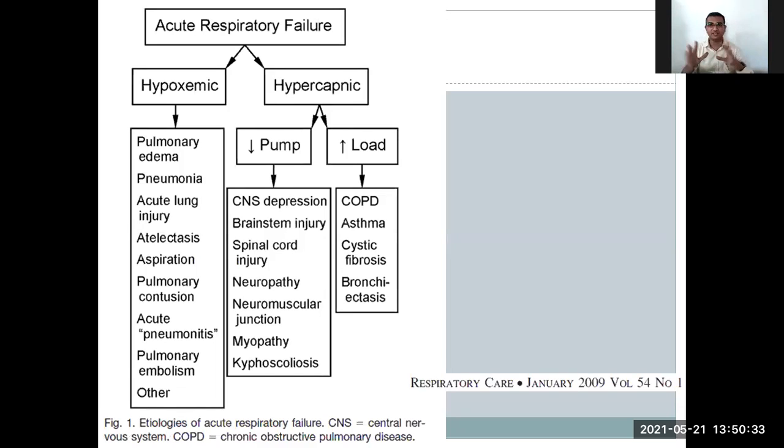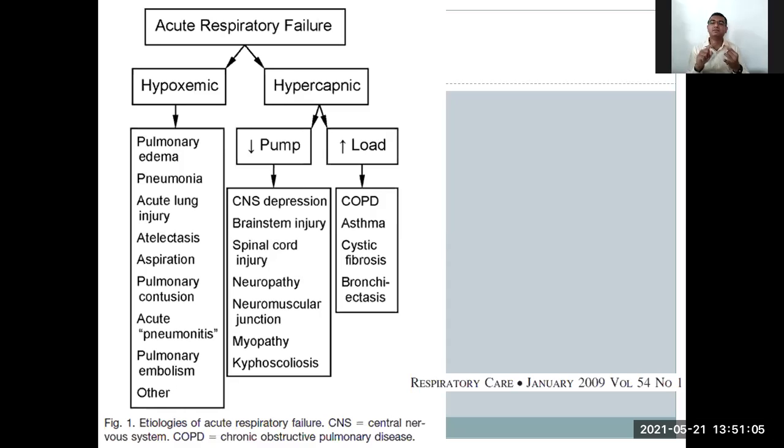Now you see. There are two types of acute respiratory failure, ALI, acute lung injury. There will be two main types. One is hypoxemia, and another is hypercapnia. So what is hypoxemic? It is seen when you go for assessment of ABG, arterial blood gas analysis.